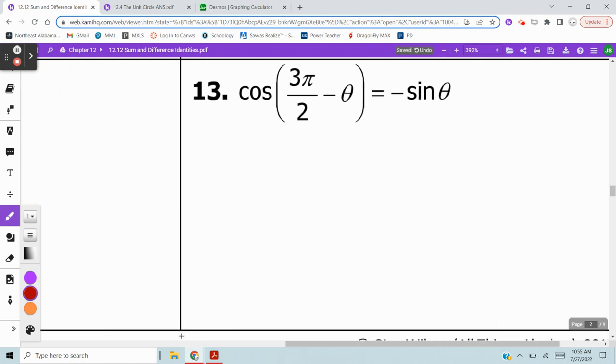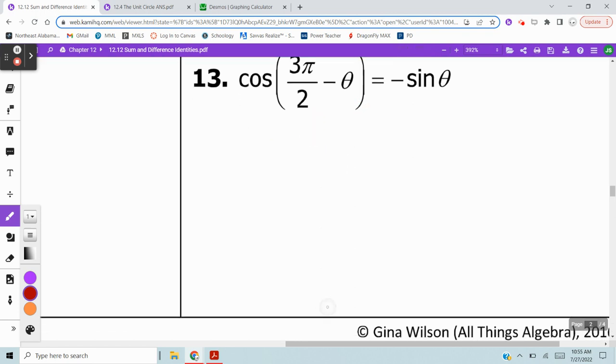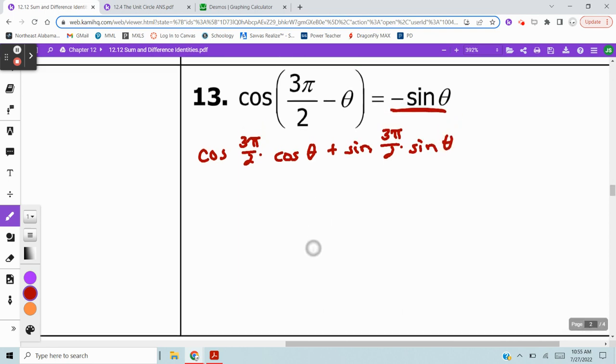And the last one, the cosine of A minus B, we're going to apply that to the left side. That's going to be the cosine of A times the cosine of B plus the sine of A times the sine of B. And we're going to try to make that match the negative sine of theta.